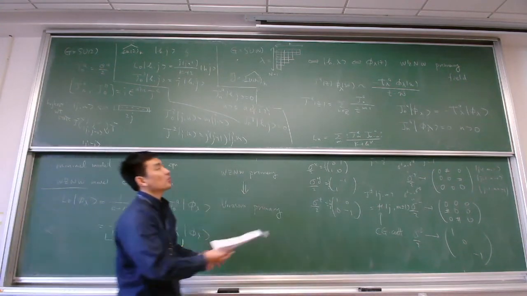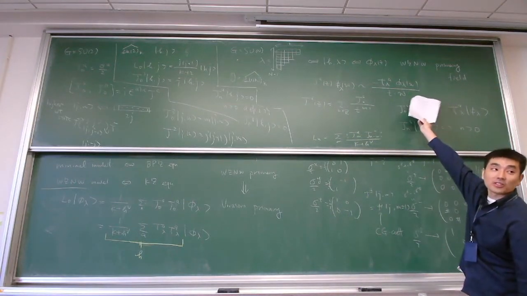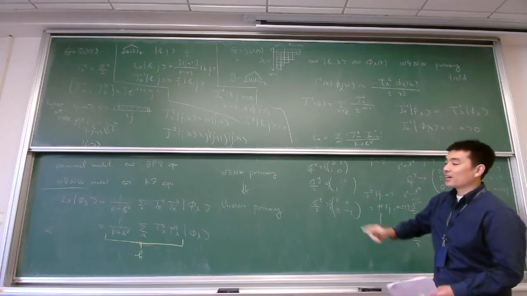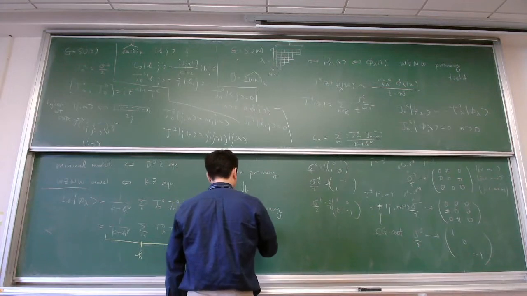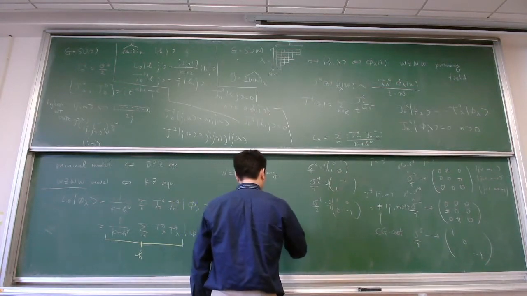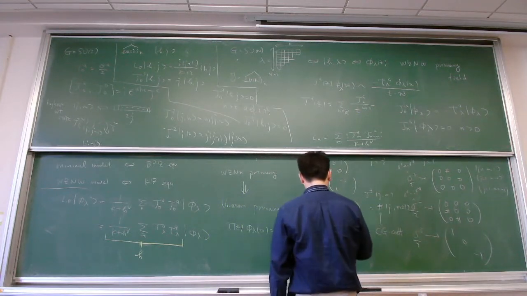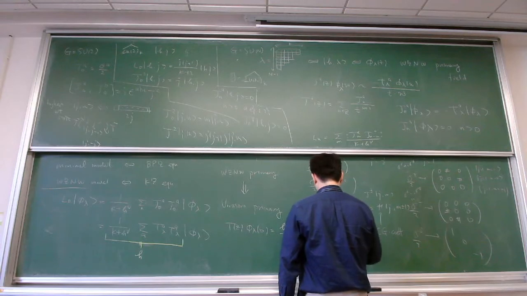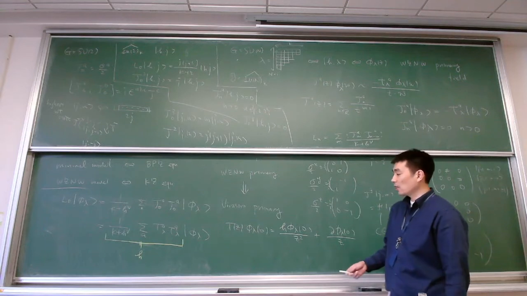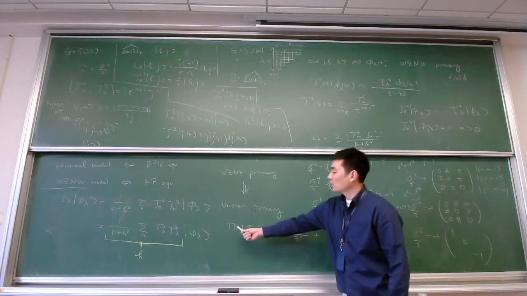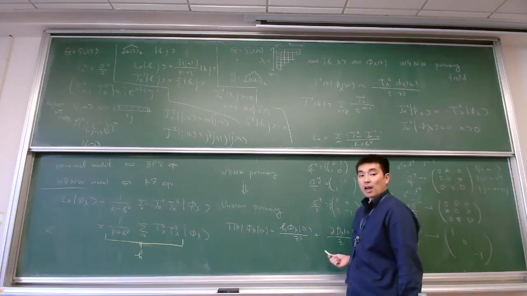The definition of the WZNW primary is given here: J^A_n acting on phi lambda satisfies this relation. This automatically satisfies T(z) phi lambda(0) equal to h phi lambda(0) over z squared plus derivative terms. It's a good exercise. I already gave it as homework, so I'm not going to ask you again. But if you're an honest person, you can plug in T from the Sugawara construction and use this OPE, and you can derive this equation.